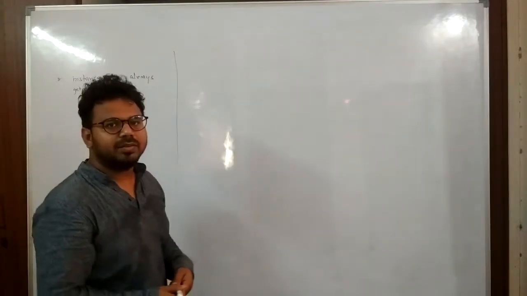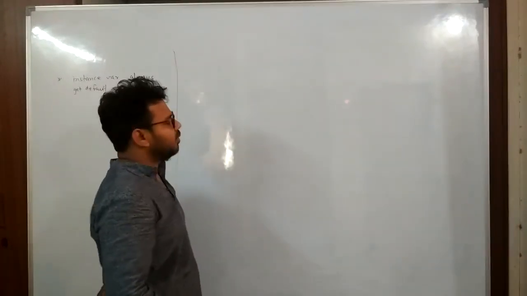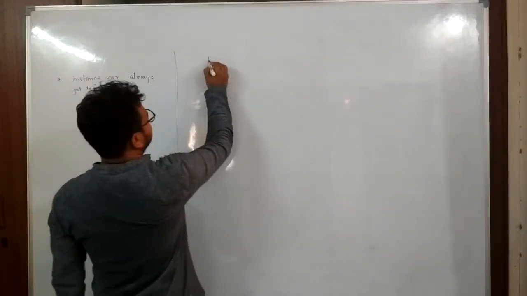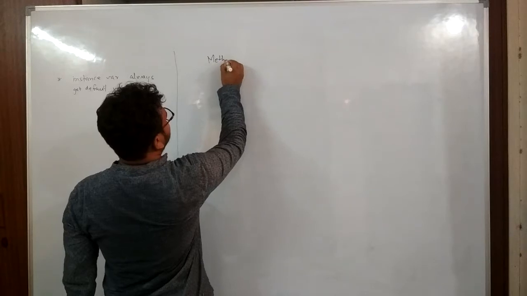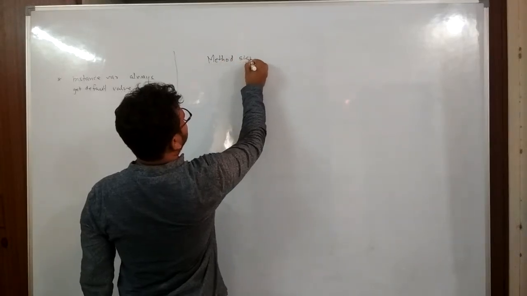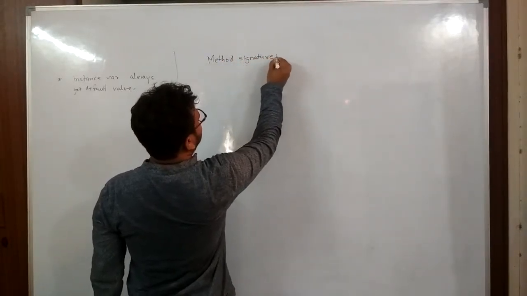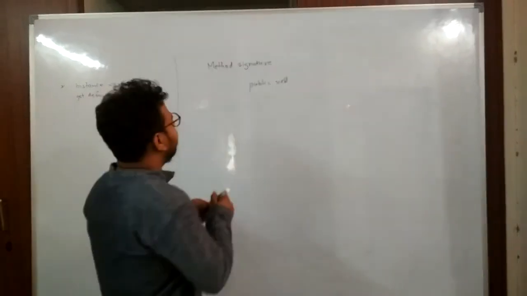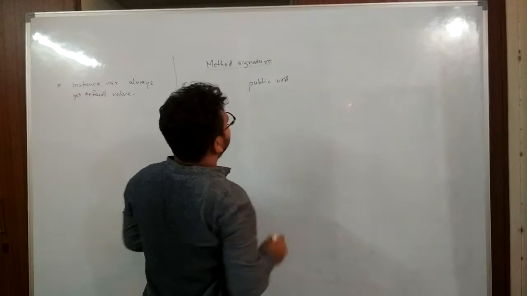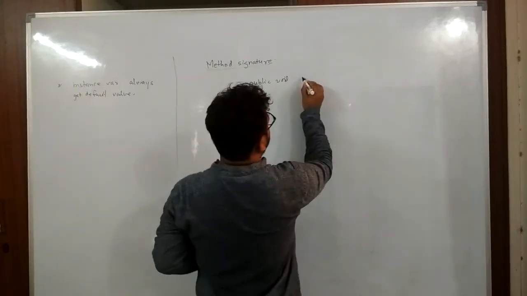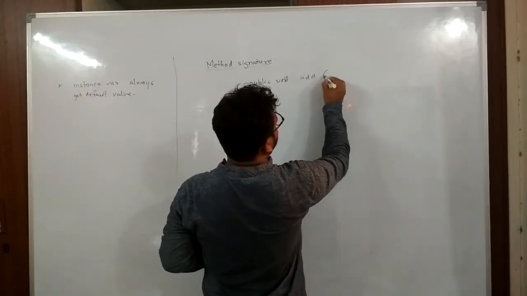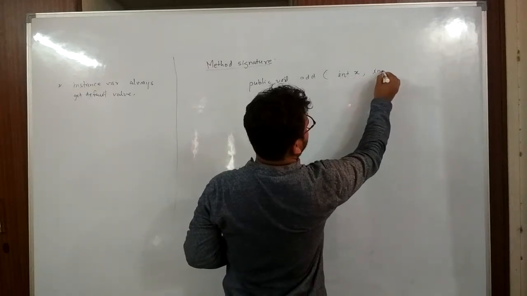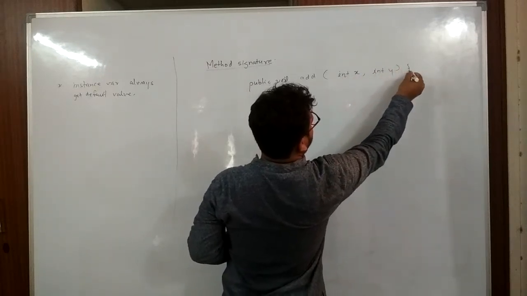Now let's understand the method signature. Suppose we have a method, public void add, and inside it we have two variables, int x and int y.